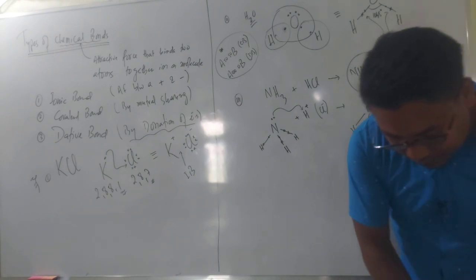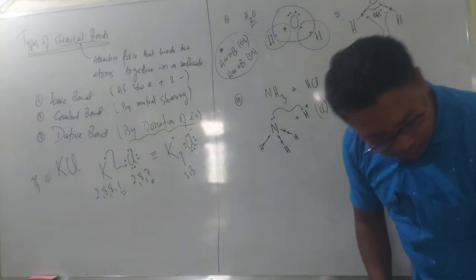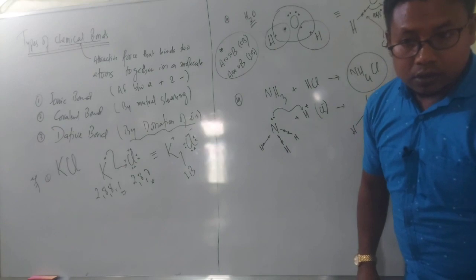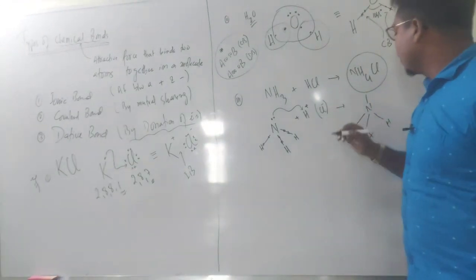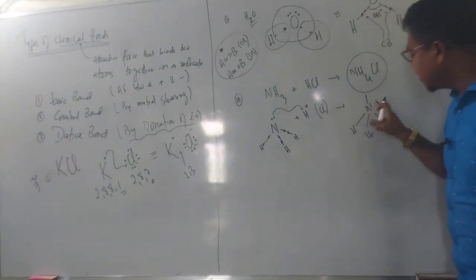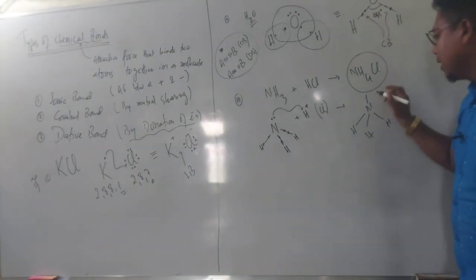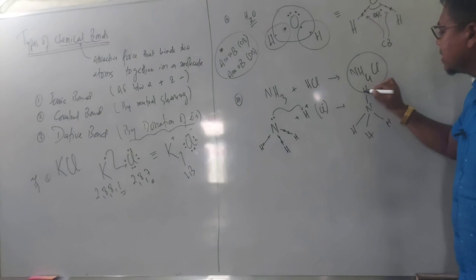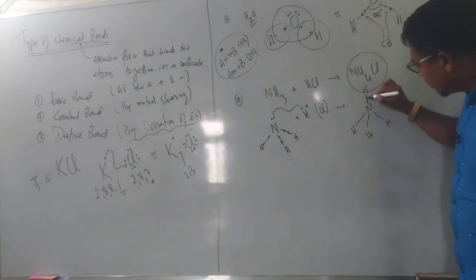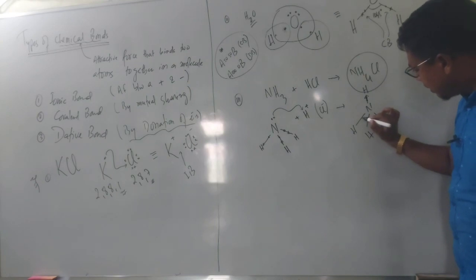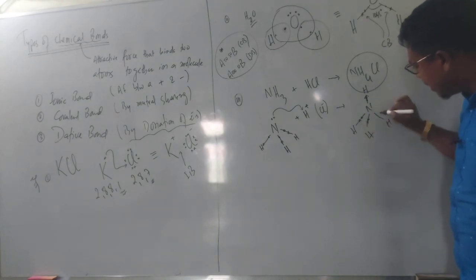Okay, nitrogen and hydrogen plus form this bond, but this bond is formed by the electrons of nitrogen only, while these bonds are formed by the electrons of nitrogen and hydrogen by mutual sharing, right?